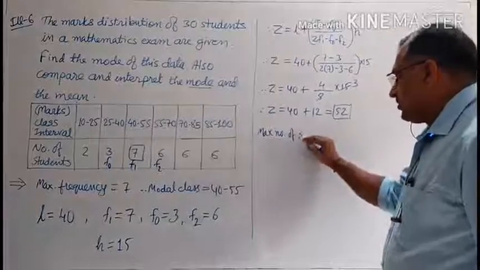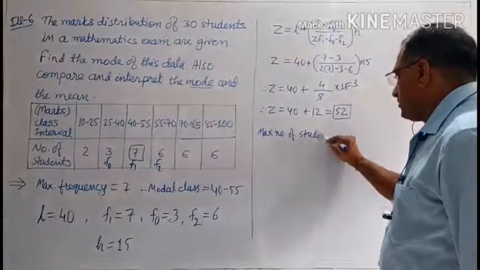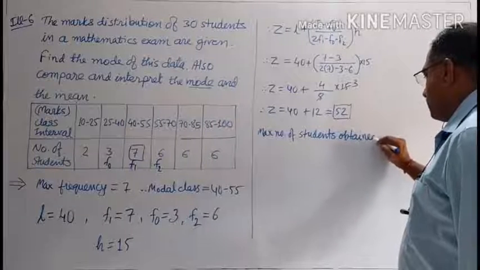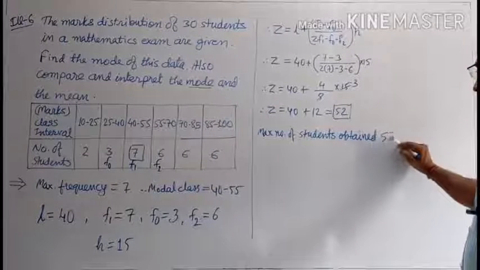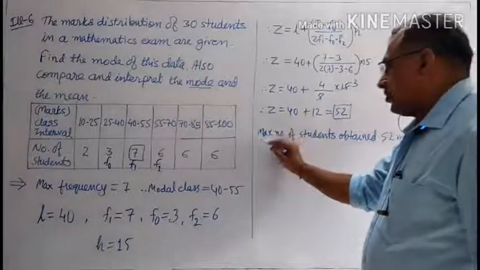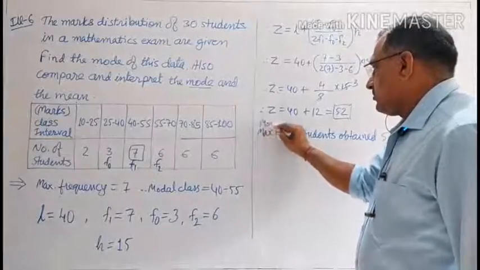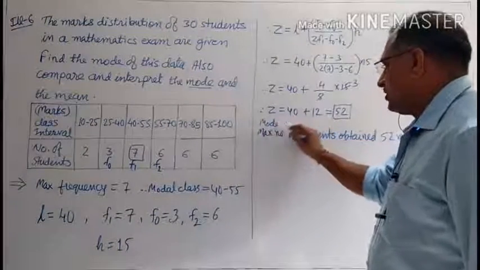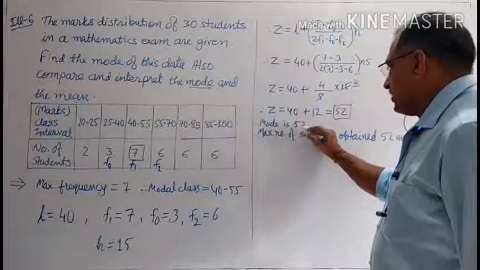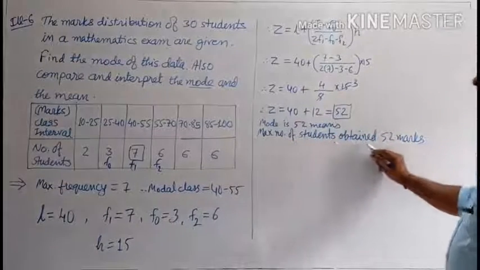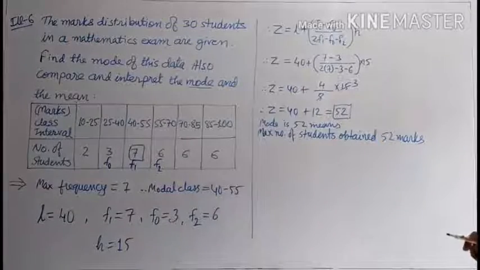So the maximum number of students obtained 52 marks. So mode means the mode is 52, that means the maximum number of students obtained 52 marks.